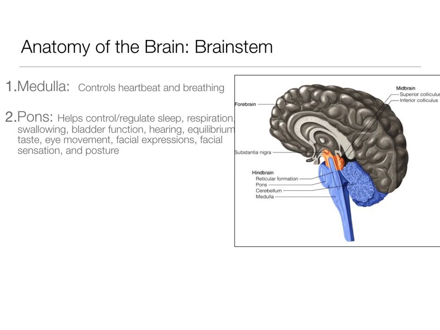Again, these are all important things no matter where you are in the animal kingdom. So these are parts of the brain that are a lot older in this hindbrain, in this brainstem, that really have a lot of evolutionary clout to them.